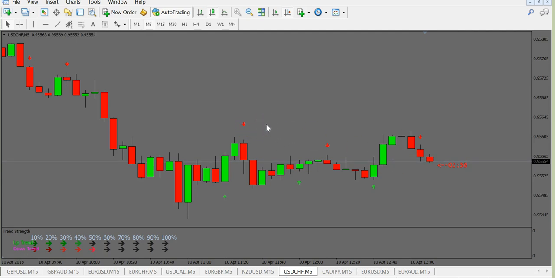Also, you can use this for forex trading. So this is not an indicator only for binary, it's for forex too. But for forex, maybe it's better to use the 30-minute time frame, or 1 hour, or even daily time frames.